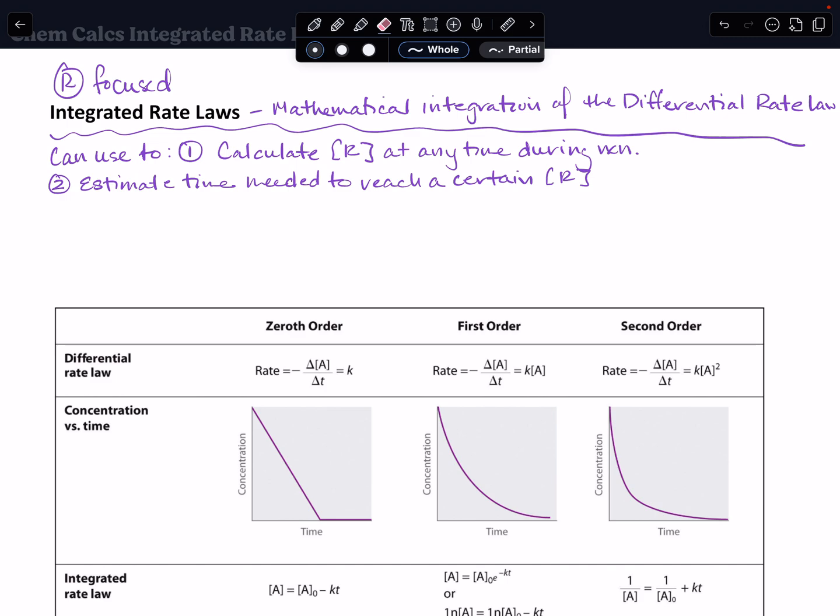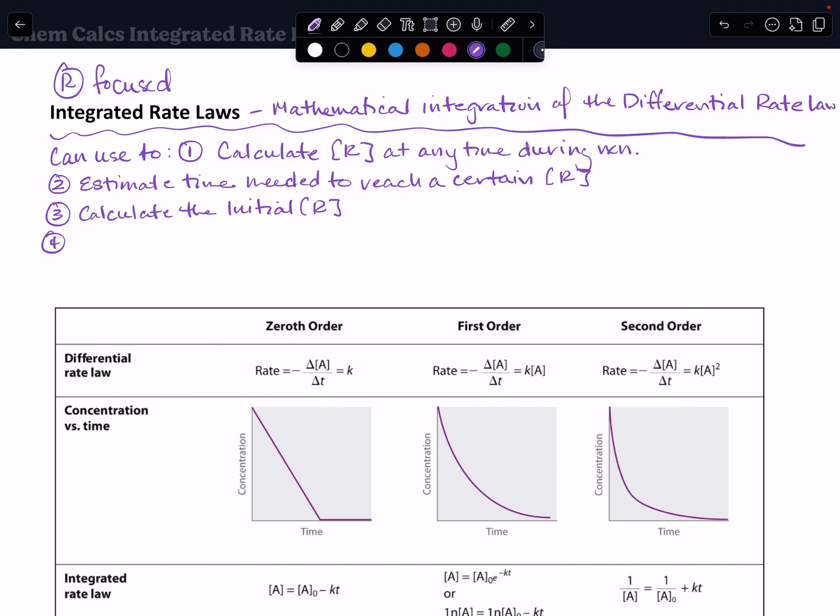Three, depending on what I know, I can calculate the initial concentration of the reactants present at the beginning of that reaction.